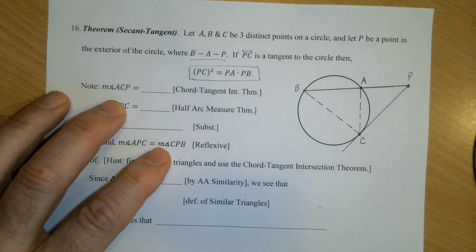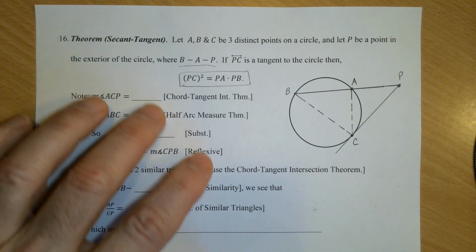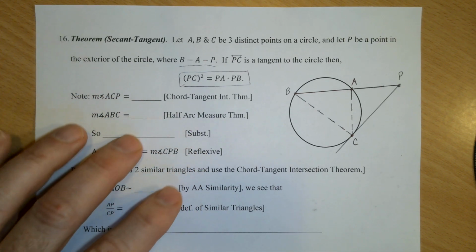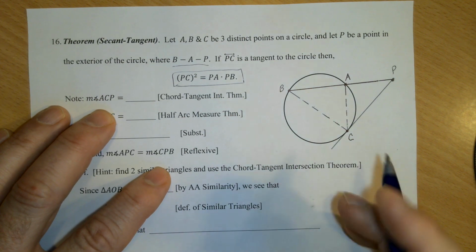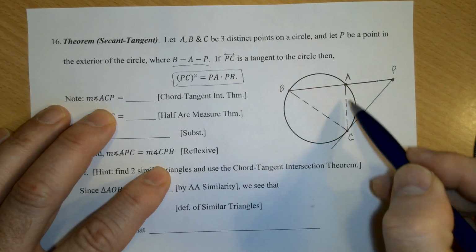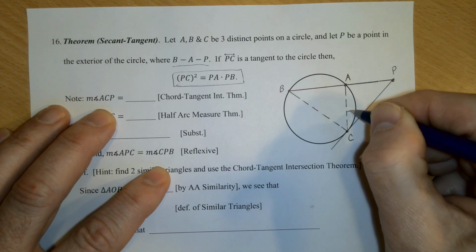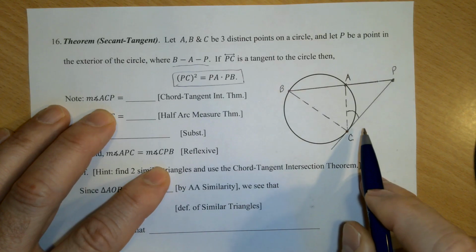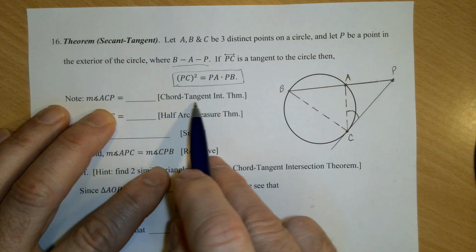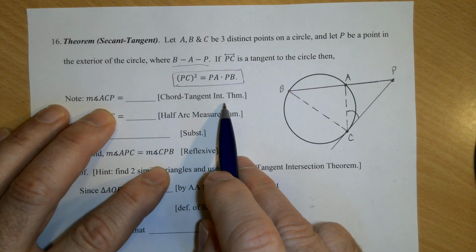So what do we know? This is before we even get to the proof. Let's just write down some basic facts from previous theorems that we've looked at. The measure of angle ACP, this angle right here, what do we know that that's equal to using the chord-tangent intersection theorem from the previous video?